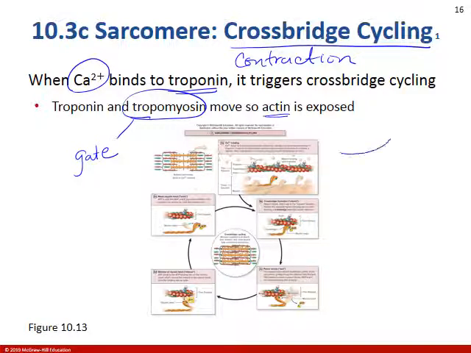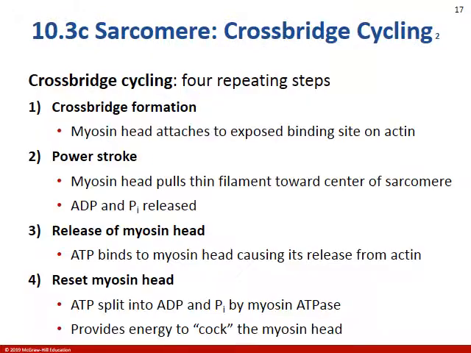So you have the myosin head and you have the actin molecule, and they can actually make contact now because we've unlocked the lock, right? So this is the key. We've used the key to unlock the gate and move the gate. So now the actin is exposed and the myosin can reach up and grab the actin.